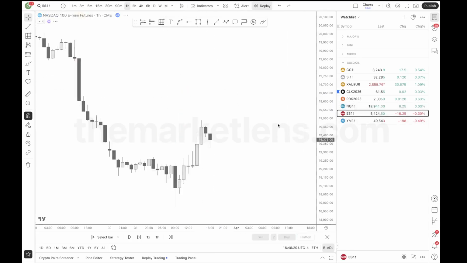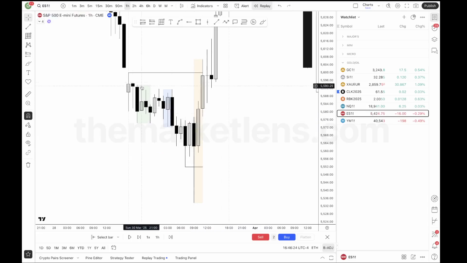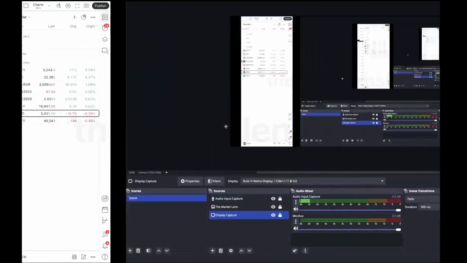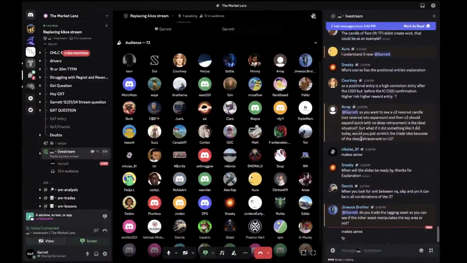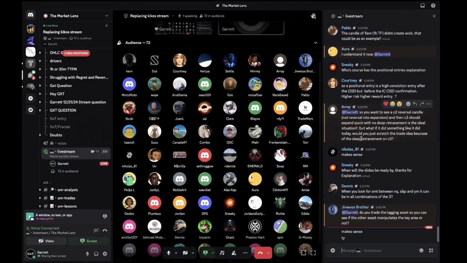So if I know that NQ and ES are going to hit these highs, then I can just trade ES to target these highs, right? Does that make sense? You can still trade the asset that's lagging, and just target the high that the stronger asset already hit, essentially.